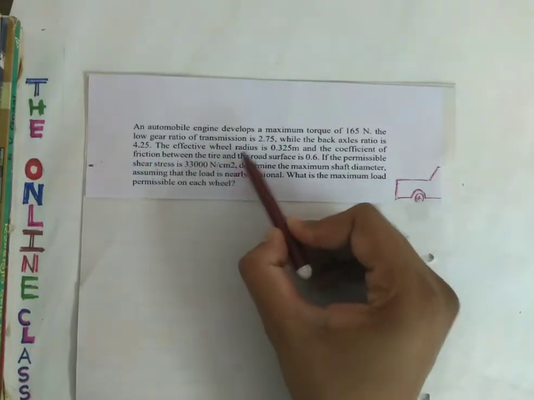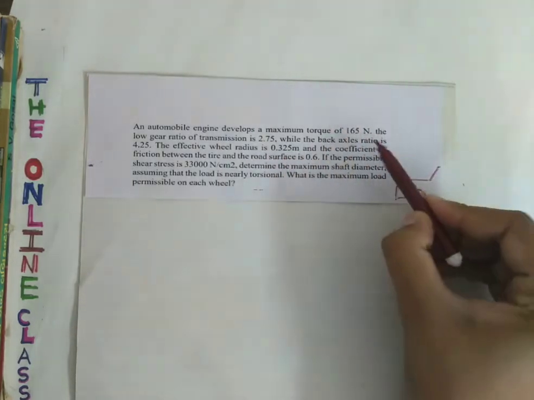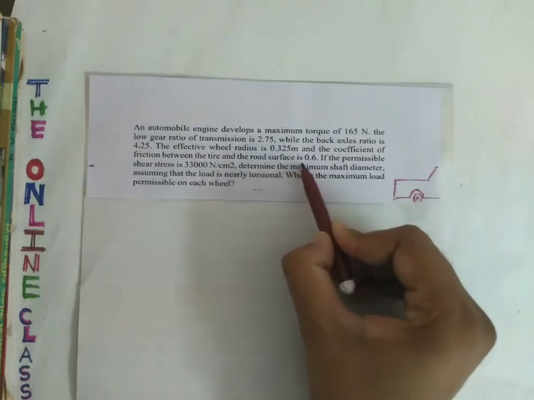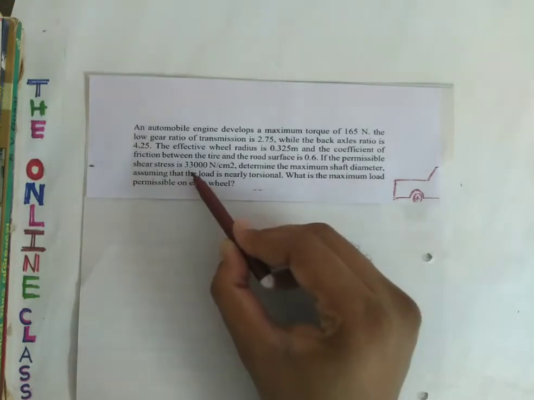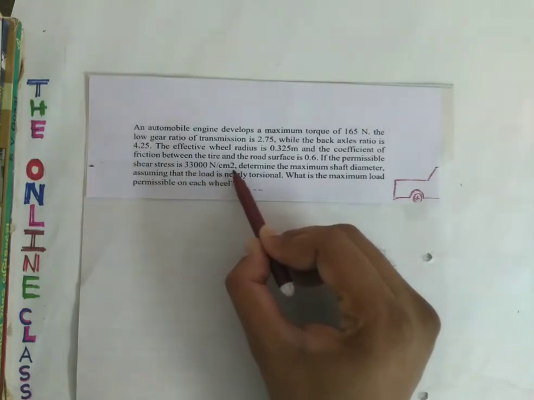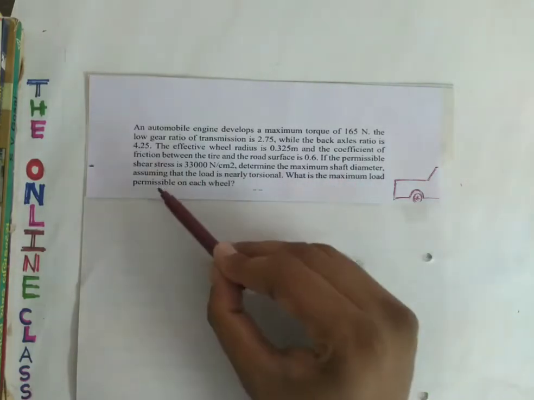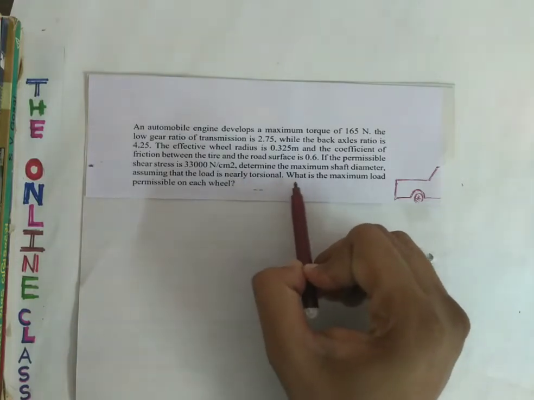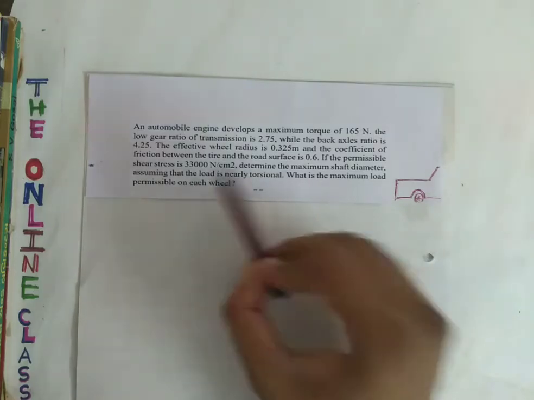The effective wheel radius is 0.325 meter and the coefficient of friction between the tire and the road surface is 0.6. If the permissible shear stress is 33,000 Newton per centimeter square, determine the maximum shaft diameter assuming that the load is nearly torsional. What is the maximum load permissible on each wheel?